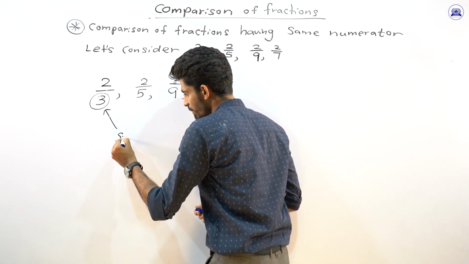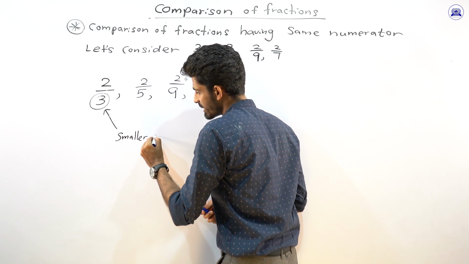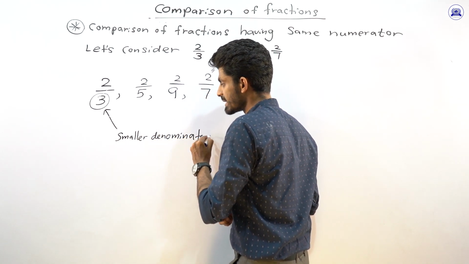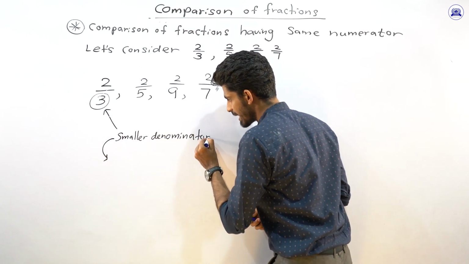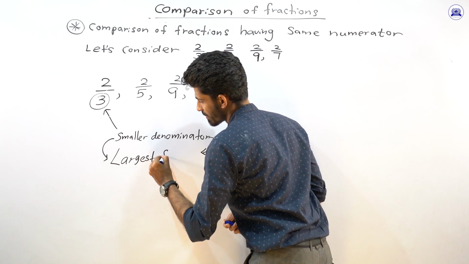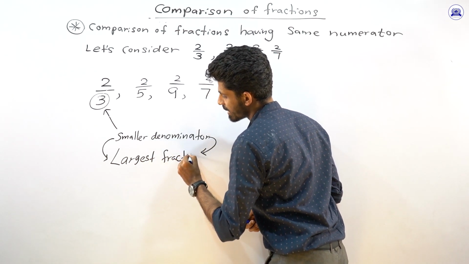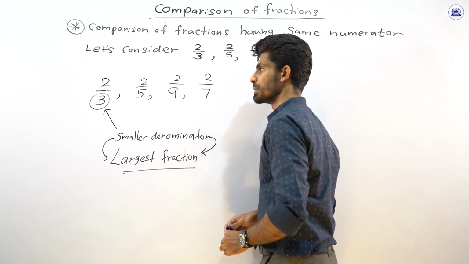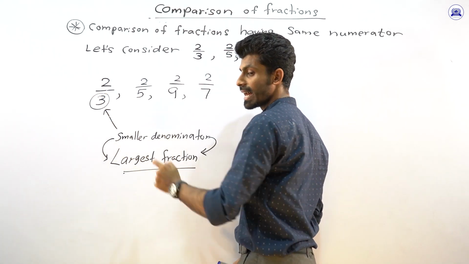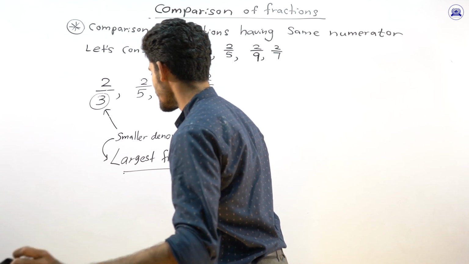This is the smallest denominator, that means largest fraction. So which one is the largest fraction? 2 over 3. So this is the largest fraction.